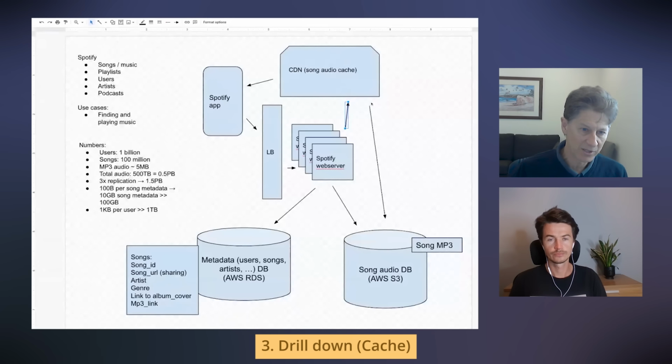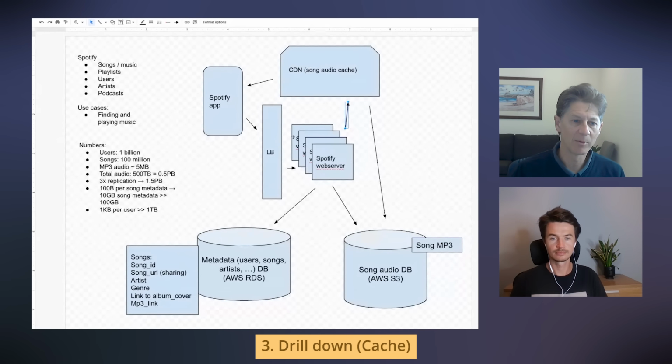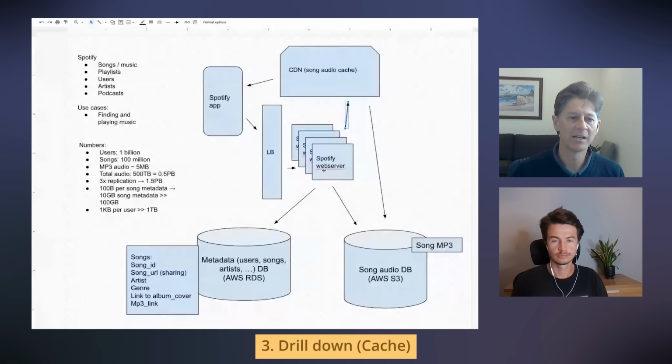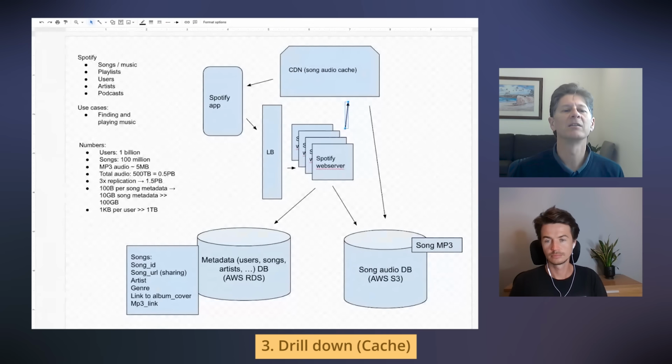So I've got a lot of arrows here, but the standard flow for a song the first time around is coming around, getting the metadata, going around to reading the audio data. The web server is now keeping track and realizing, oh, I'm getting multiple requests for this same song. Now I'm going to tell the CDN, go and fetch this song.